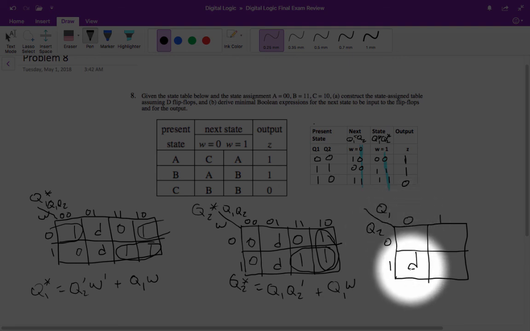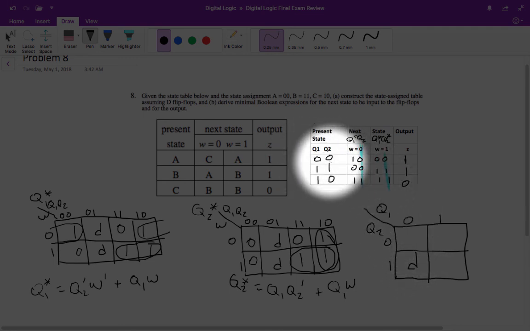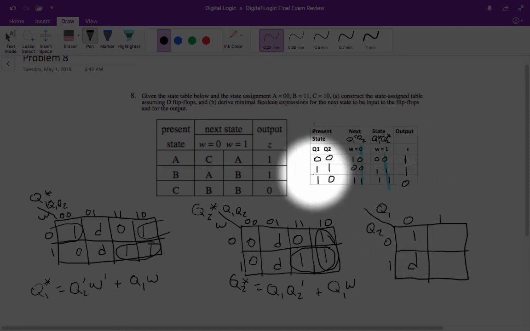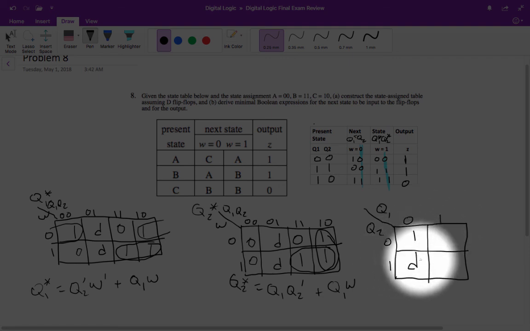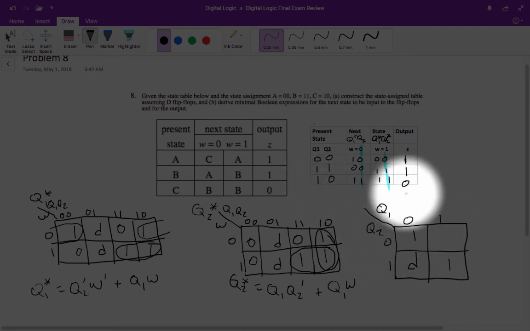That's a don't care. And when Q1 Q2 is 0 0, the output Z is 1. When Q1 Q2 is 1 1, the output is 1. And when Q1 Q2 is 1 0, the output is 0.